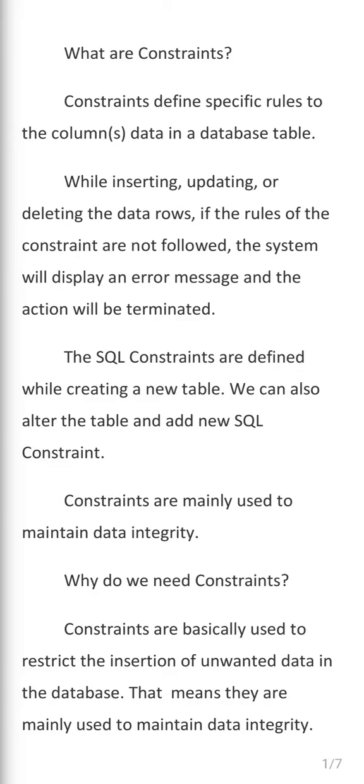While inserting, updating, or deleting the data rows, if the rules of the constraints are not followed, the system will display an error message and the action will be terminated. We set some rule on the column, and if that rule is not followed upon inserting, updating, or deleting the rows, the system throws an error and the action gets terminated.